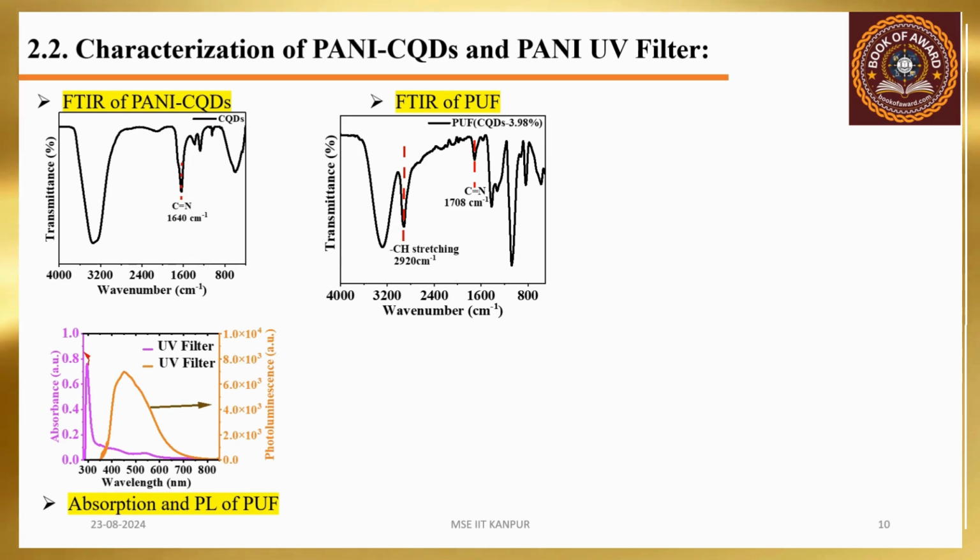This peak is obtained due to the formation of bond between carbon quantum dot and polyvinyl alcohol, CH stretching, which is at 2920 per centimeter, and the quinoid ring is slightly displaced from its original position due to the formation of bond between PVA and carbon quantum dots.